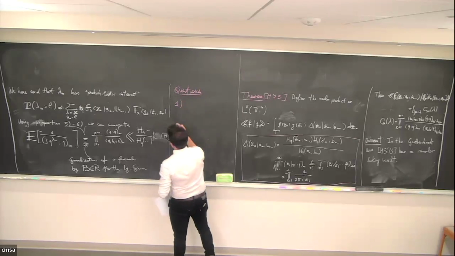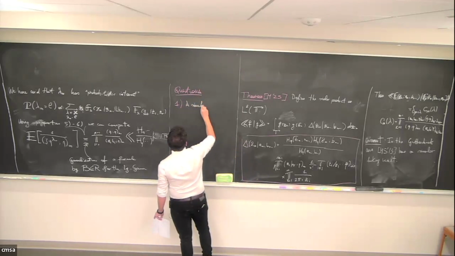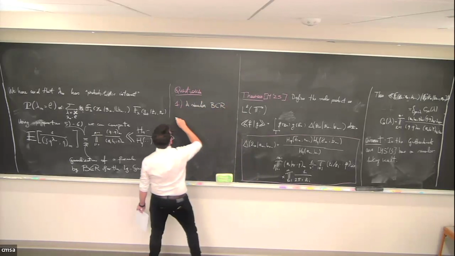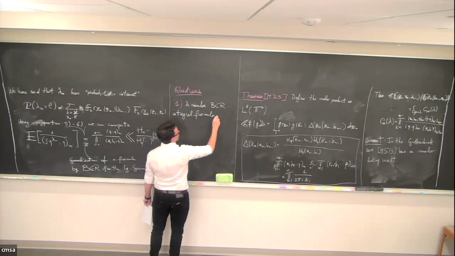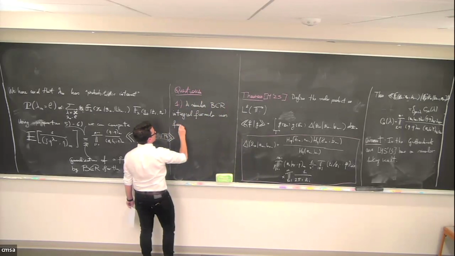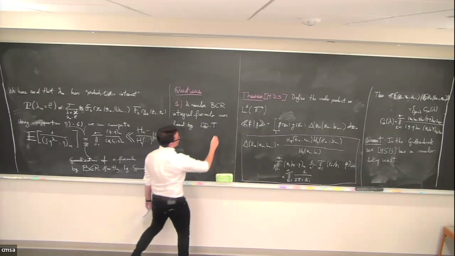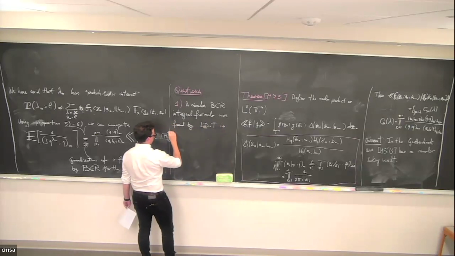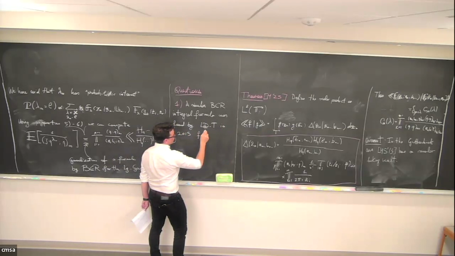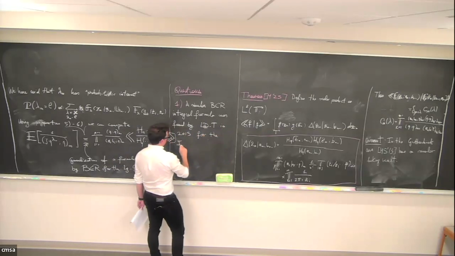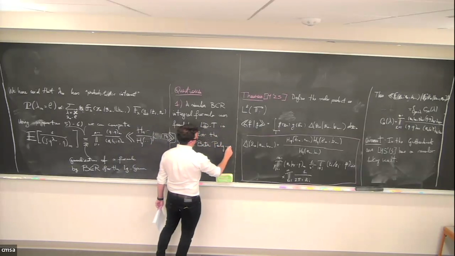So the first question, let me dovetail into the first question, is a similar BCR, let's call it integral formula, found by Le Doussal and Thierry in 2015, for the model that they introduced, which is called the inverse beta polymer model.